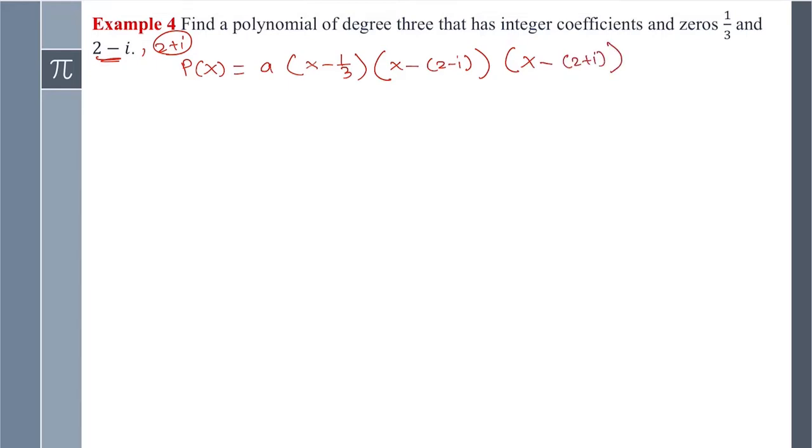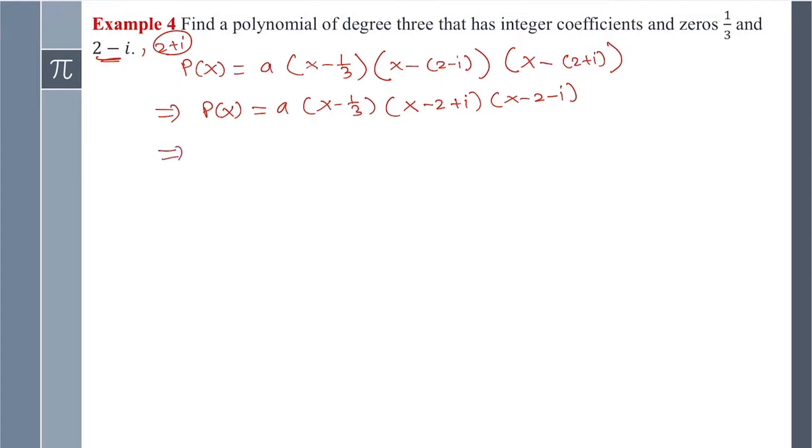So let's go ahead and multiply this. So p of x equals a times x minus 1/3. Now we can multiply this, so let's write it this way first: x minus (2 plus i) times x minus (2 minus i), and then we'll multiply.